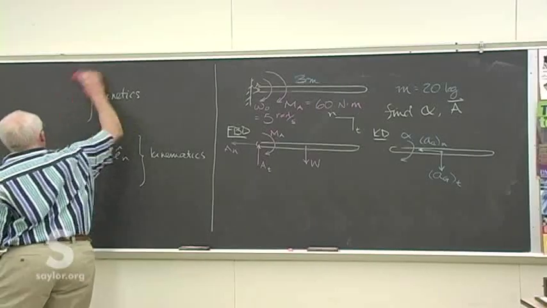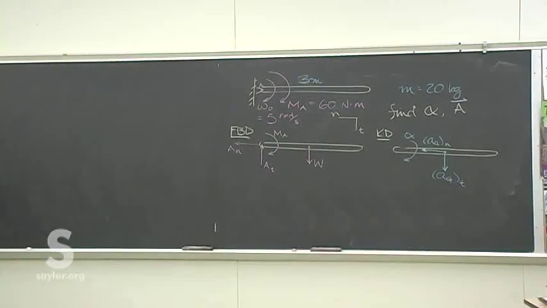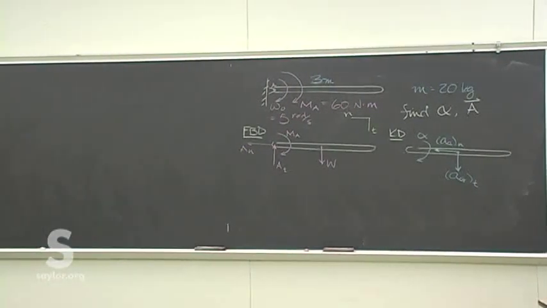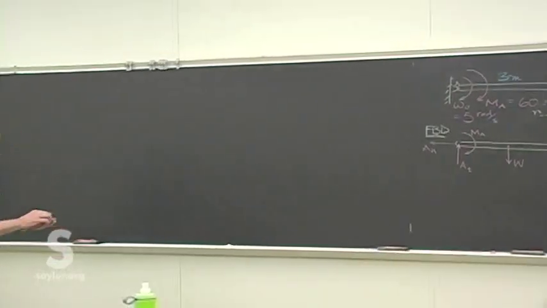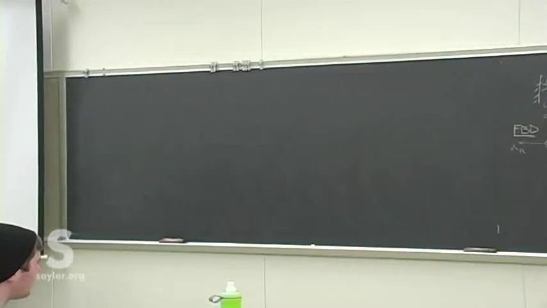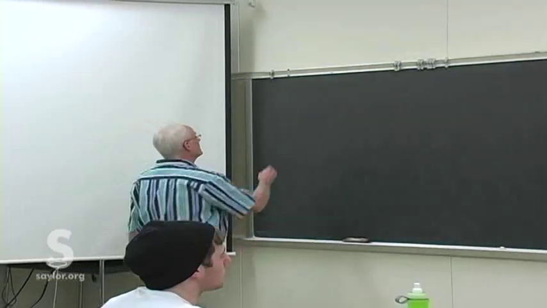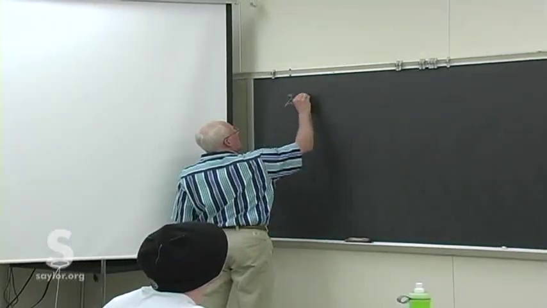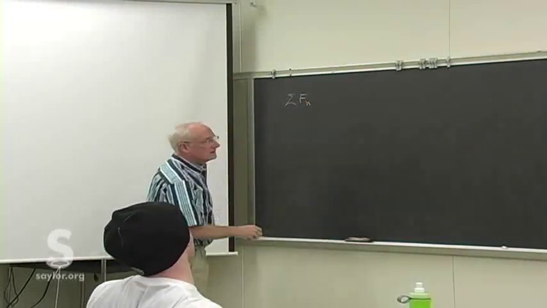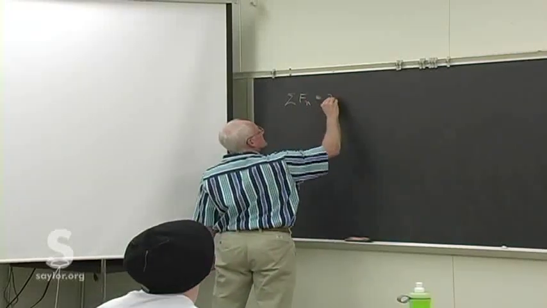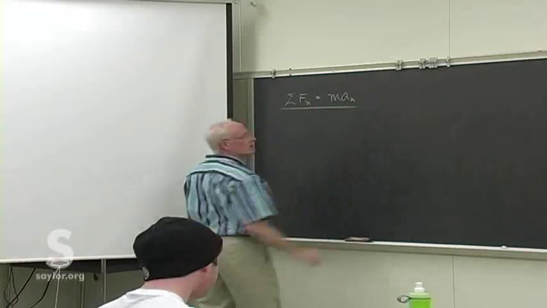So what we've drawn in the free body diagram causes what we expect to see in the kinetic diagram itself. And so we do what we've always done when we're looking for accelerations and reactions and the like. We sum the forces and the moments. So sum the forces in the normal direction, I guess, will tell us what that normal acceleration is.